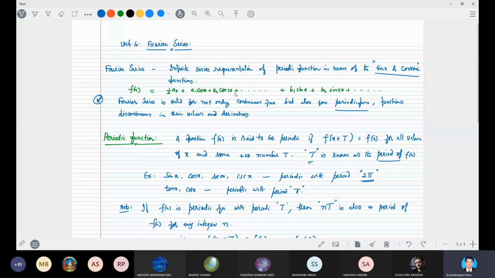Wherein the RHS, one must clearly understand, has an infinite number of terms. Therefore, the sum of the series cannot be exactly determined. How will we understand the sum of the series on the right hand side?